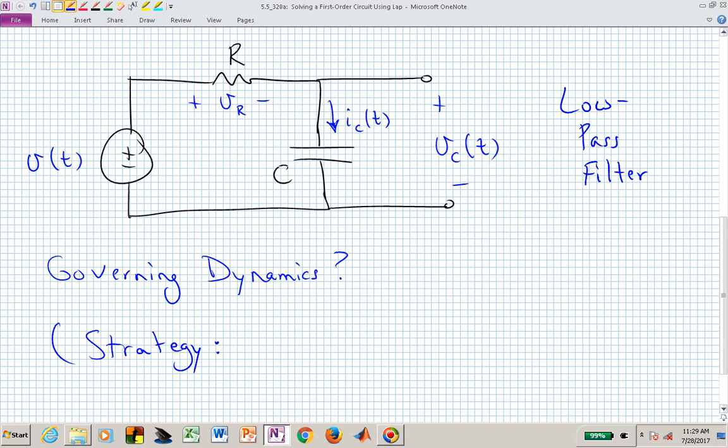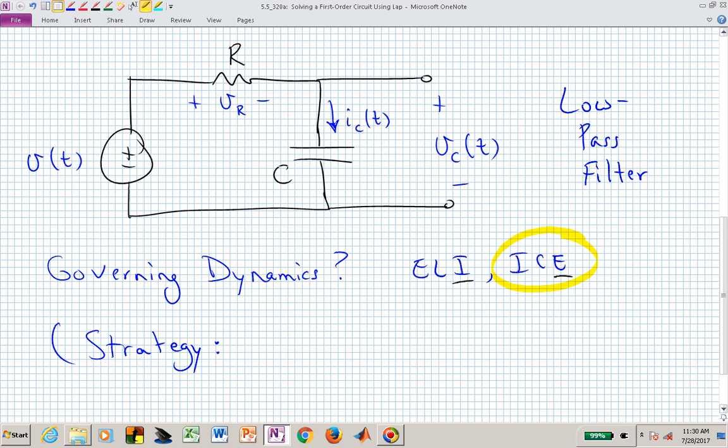And based on ELI the ICE man, typically when you want to be writing differential equations, what you focus on are these last variables. We have a capacitor, there's no inductor, so now we're dealing with the ICE.